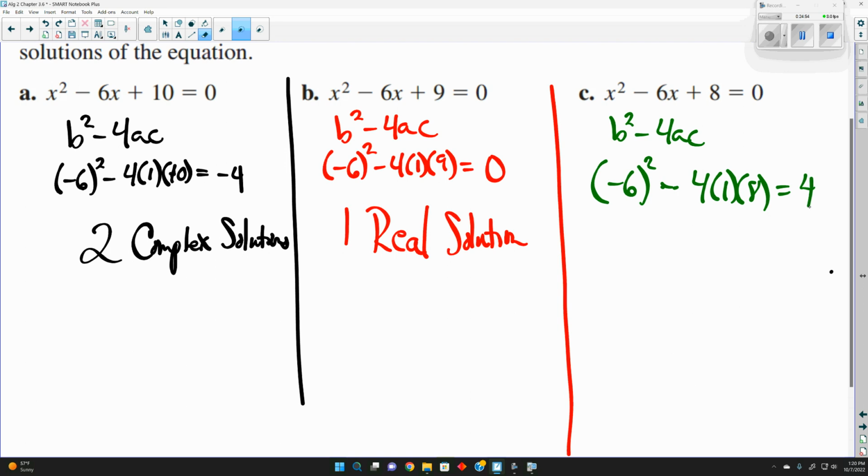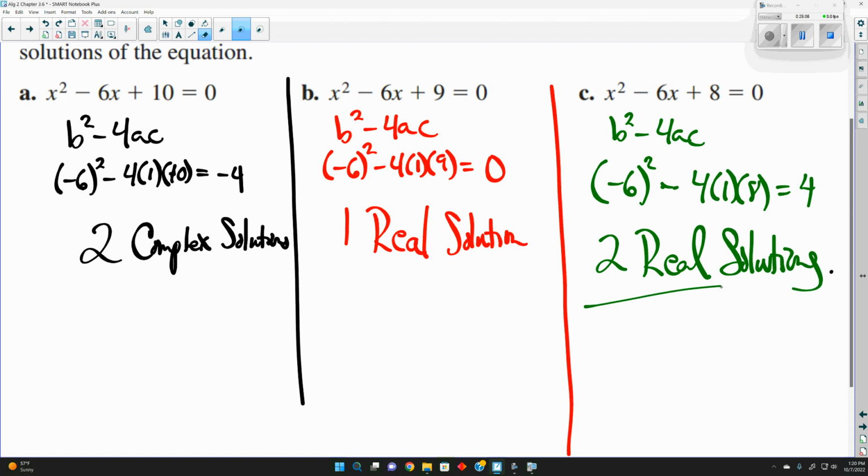And this time it's going to give us 4, which means we have two real solutions. And we know it's two real solutions because the value of the discriminant is greater than 0. And that's it. Questions on any of this here?